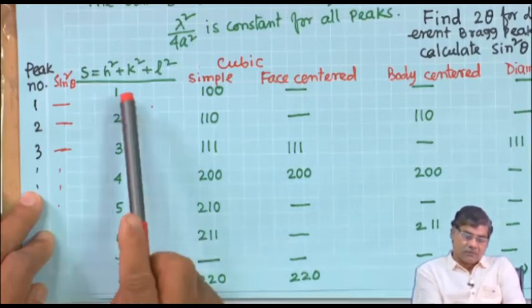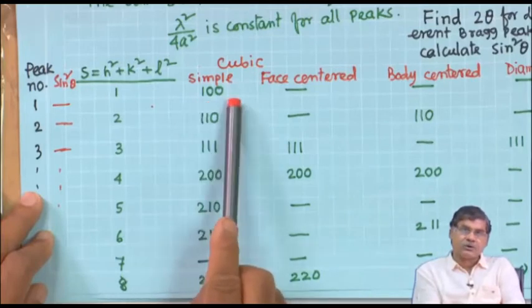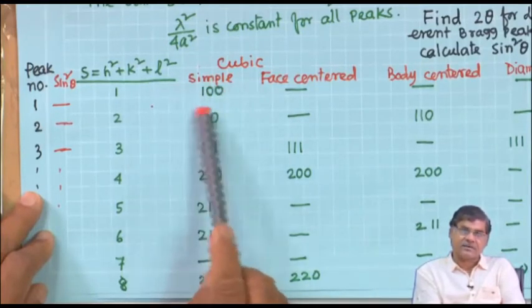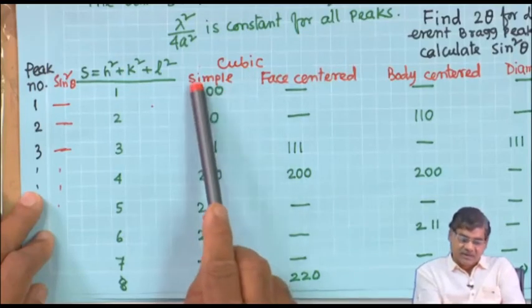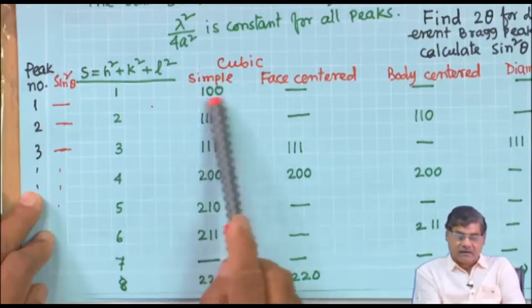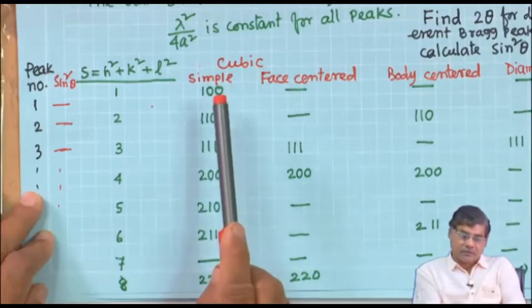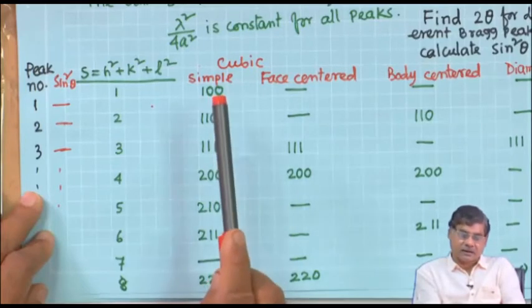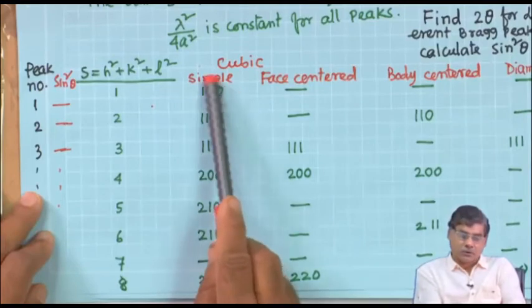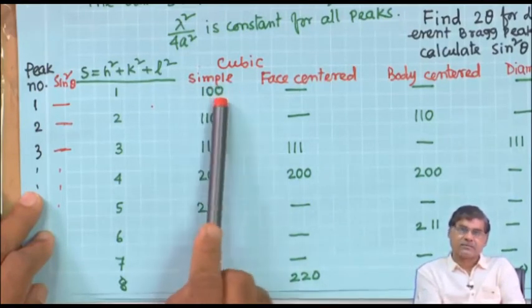So, now for 1, only one combination, 1 0 0, this HKL value is only possible. So, this is basically a 1 0 0 family. It is not only the 1 0 0 plane, it is also 0 1 0 and 0 0 1. So, all sorts of planes basically fall under this.